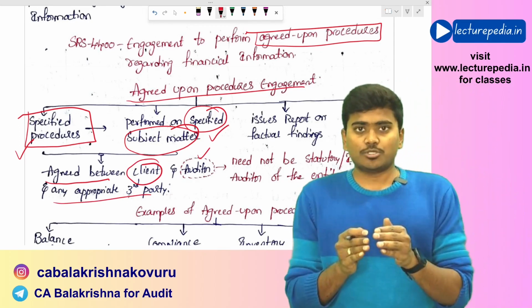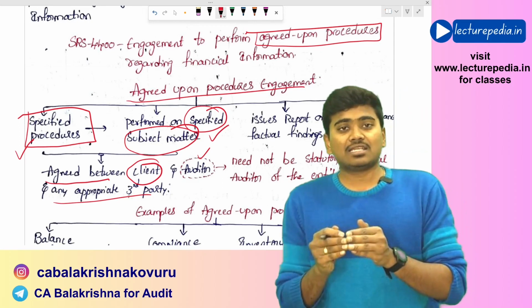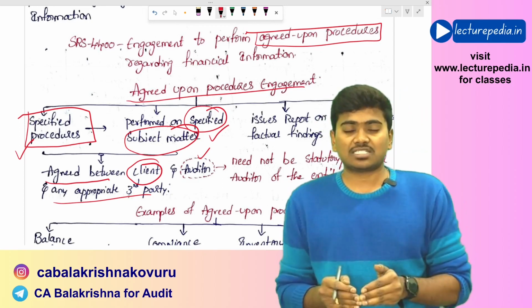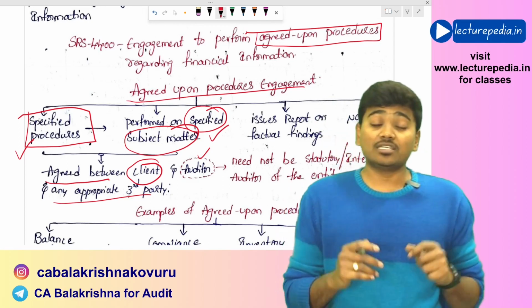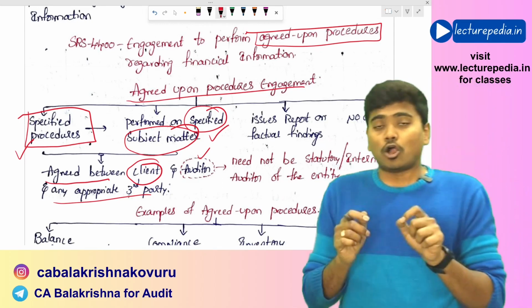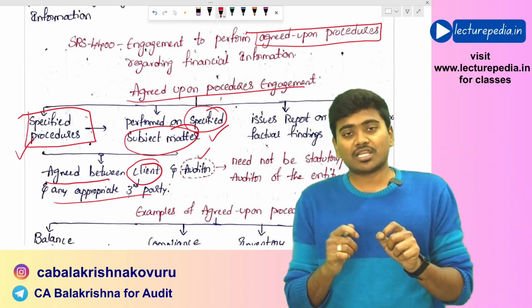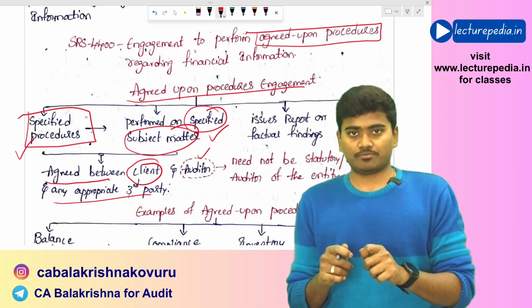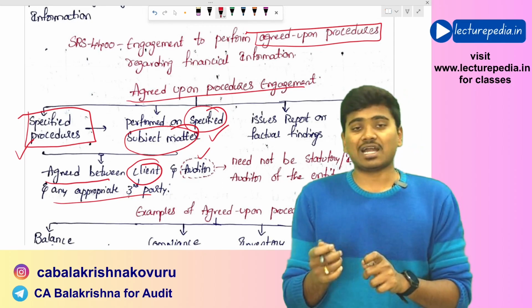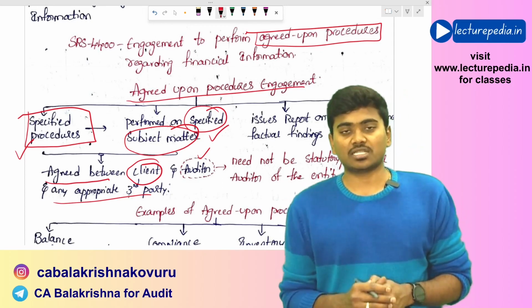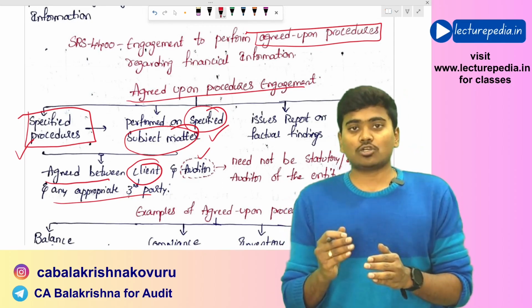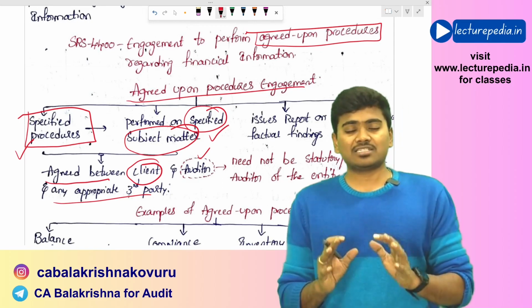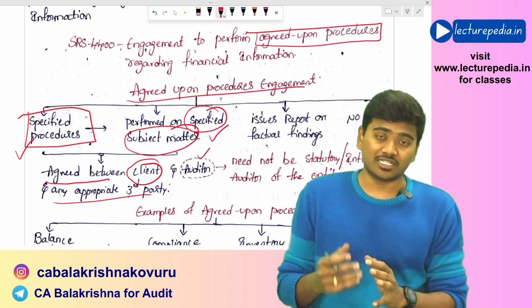Between these people, the specified procedures and the specific item on which these procedures have to be applied will be agreed. And here you should not confuse that auditor means only the statutory auditor or independent auditor of the entity. The management can appoint any person for the purpose of performing these agreed upon procedures. He need not be the statutory auditor or internal auditor of the entity. Someone other than the statutory or internal auditor can also be appointed.